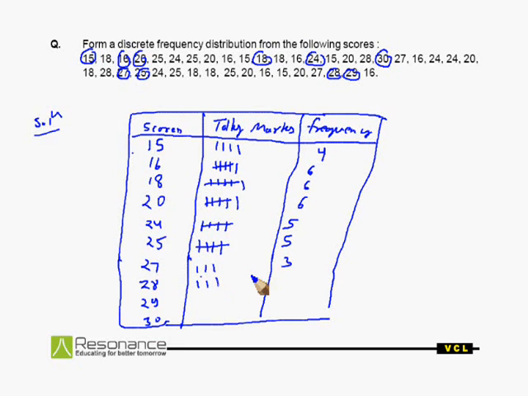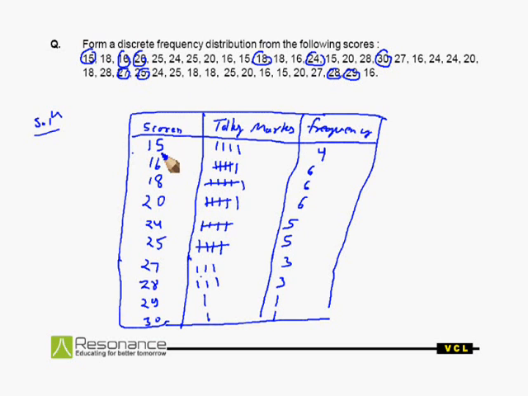And 29 occurs only 1 time, so its frequency is 1. And 30 occurs only 1 time. Its frequency is 1. So this is our frequency distribution table for the given scores.